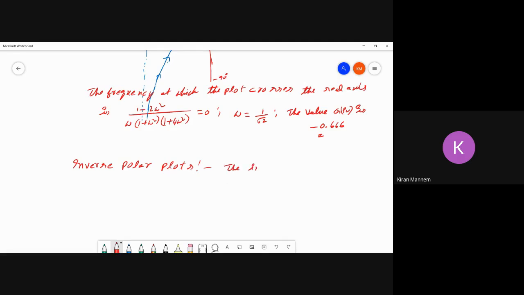The inverse polar plot of g of j omega is a graph of 1 by g of j omega as a function of omega, right?